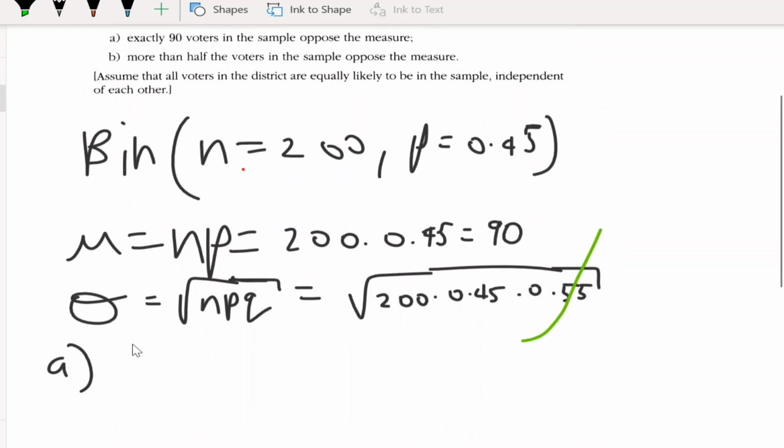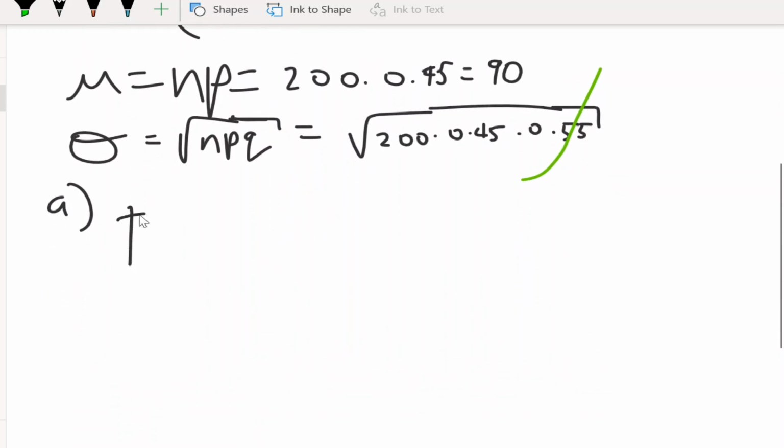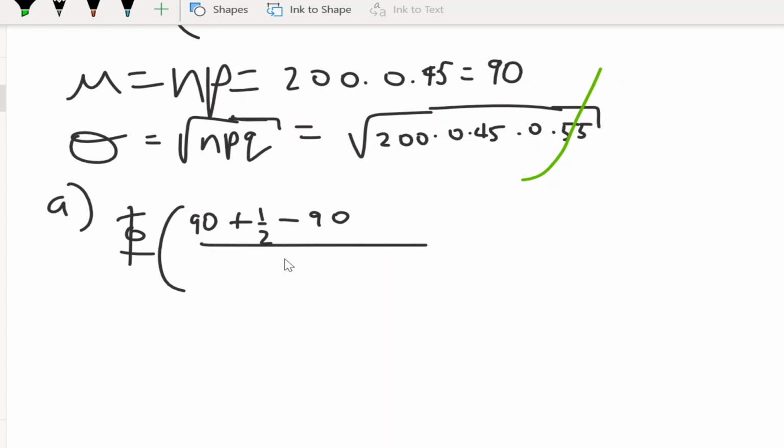So exactly 90 voters in the sample oppose the measure. So we can just use our phi, which is just the CDF. We'll do phi of 90 plus the correction factor of a half, minus the mean, which is 90, over sigma. I'm not going to write it out, but you can just substitute that in there.